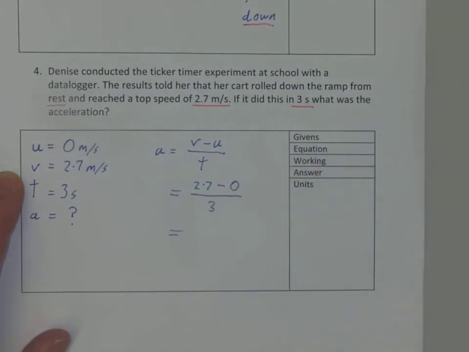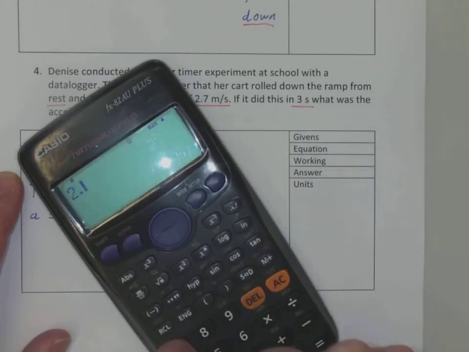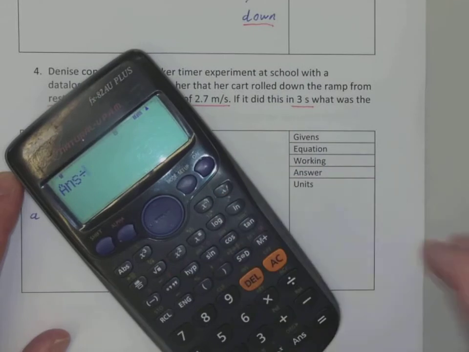And now we just have to figure out what the answer is. So we go 2.7 minus 0 is, of course, 2.7 divided by, what did we say it was, the time? 3 seconds. 2.7 divided by 3 equals 0.9.